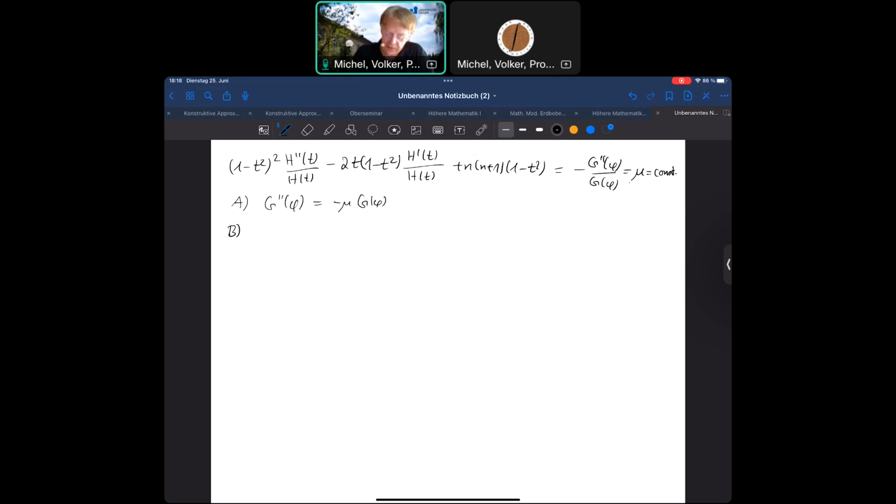And the other one, which is definitely more ugly, gives me 1 minus t square to the square h double prime of t. So I'm multiplying with h of t now, as I multiplied the other equation with phi. So minus 2t, sorry, minus 2t, 1 minus t square, h prime of t, plus n times n plus 1, 1 minus t square, h of t equals mu times h of t.